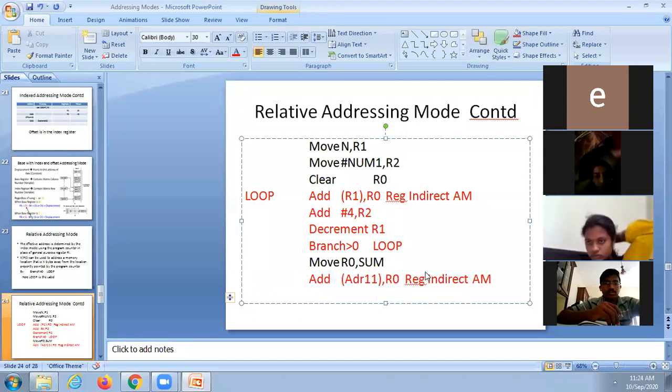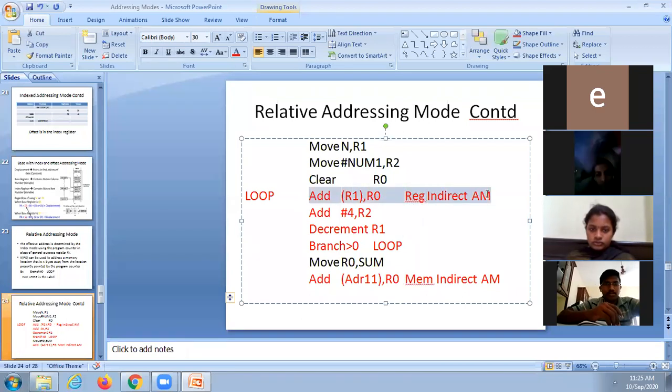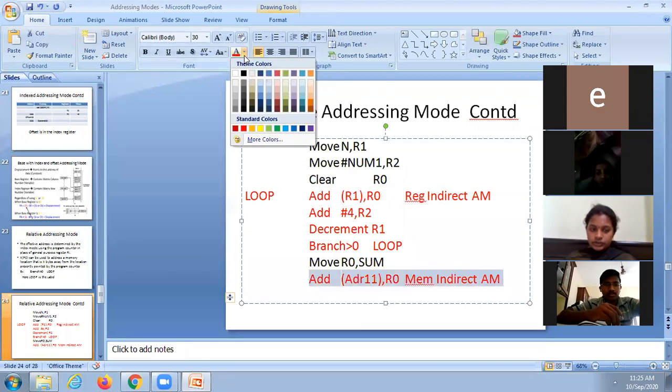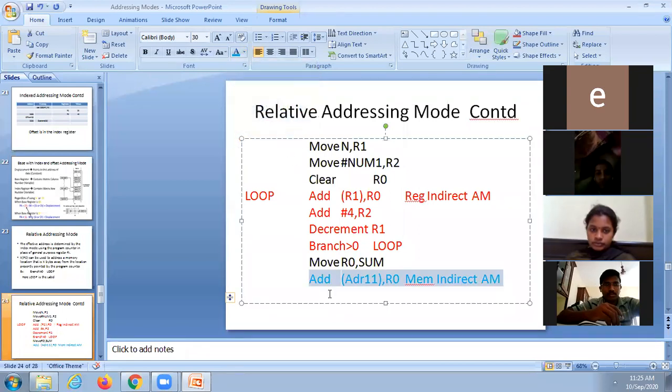This is memory indirect addressing mode. This is register indirect addressing mode. This is memory indirect addressing mode.